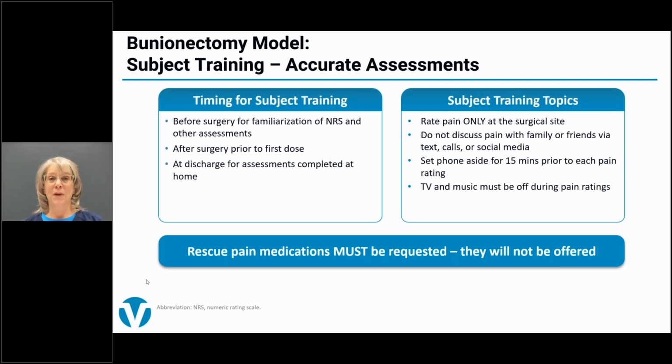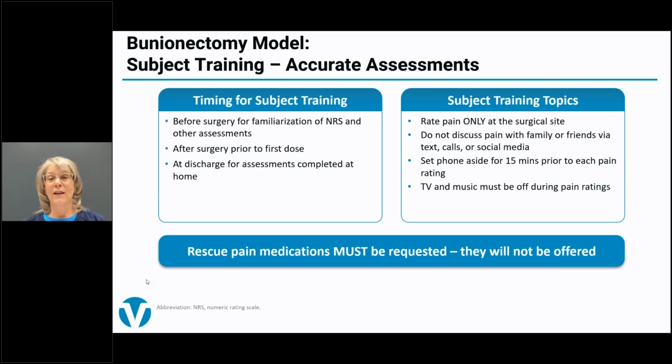We're going to train them before surgery, immediately after surgery, prior to that first dose, on what assessments they'll be completing and what's expected of them. Often they go home with a diary, either electronic or on paper, so that they can continue to complete those pain recordings for rating the effectiveness of the medication.